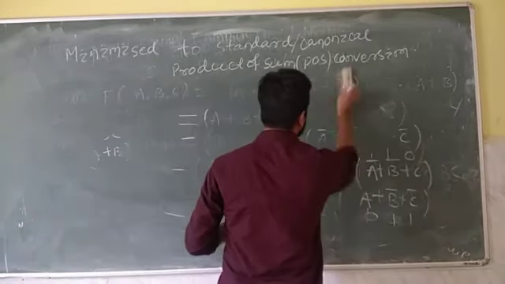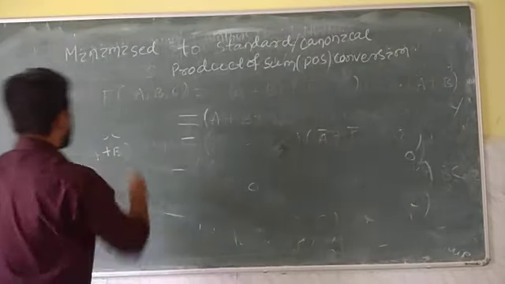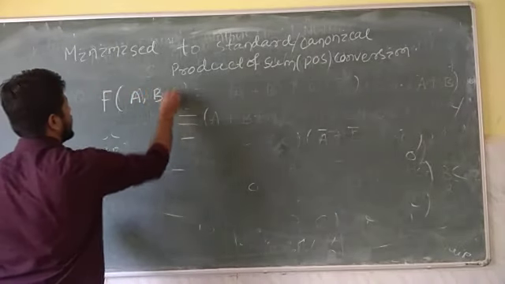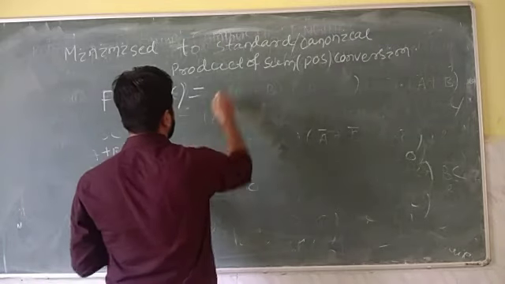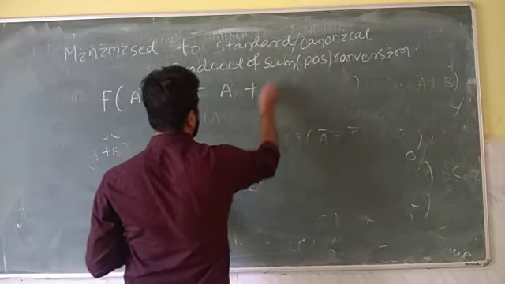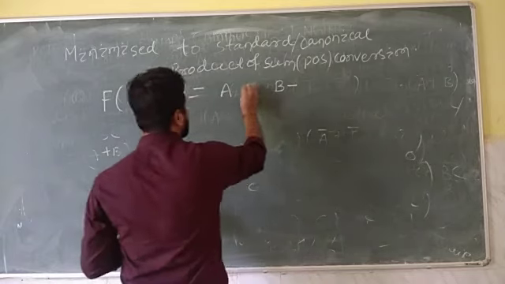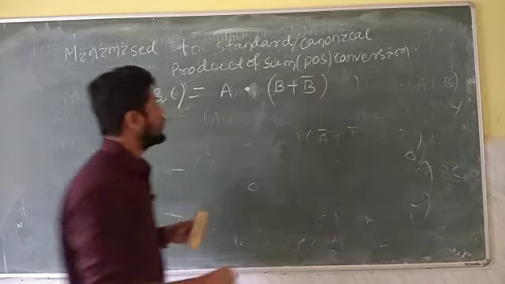A homework question for you. Convert f of a, b, c, which is given as a or a dot b or b bar.